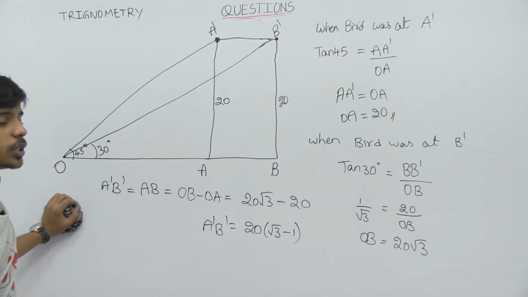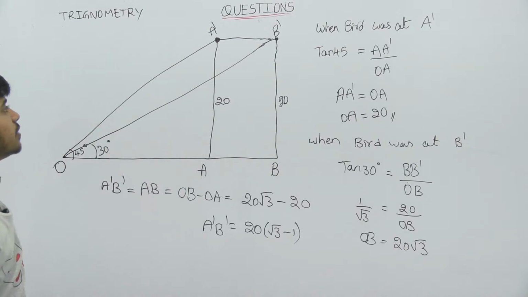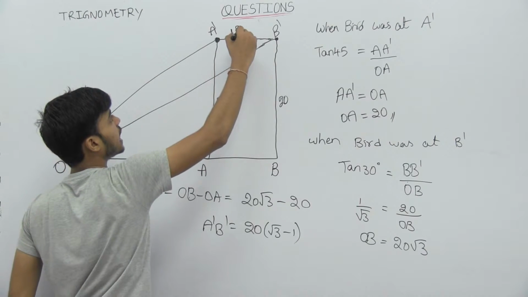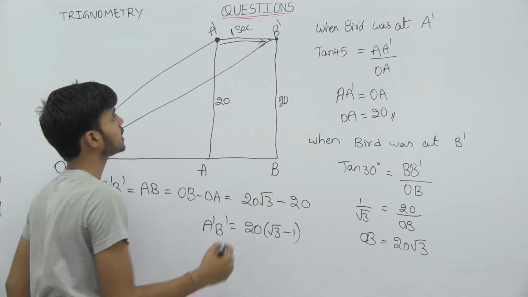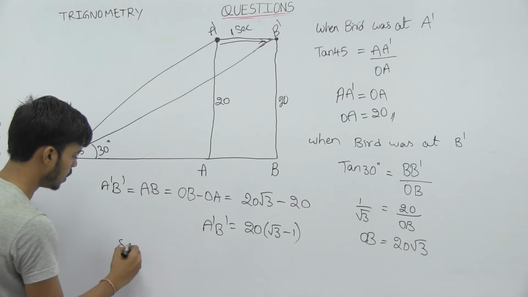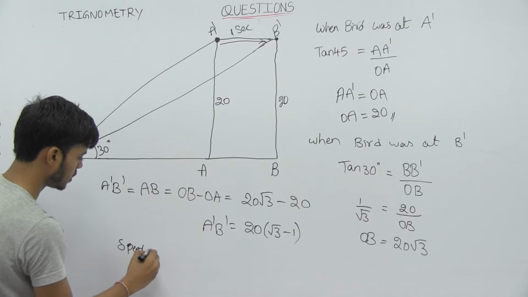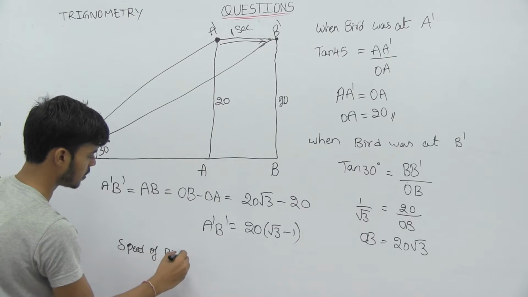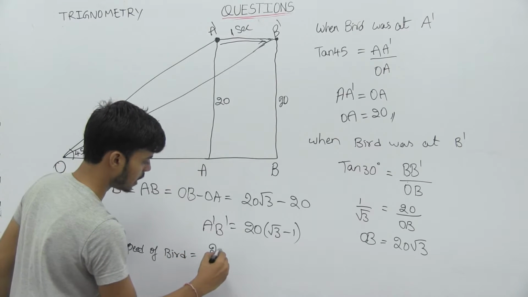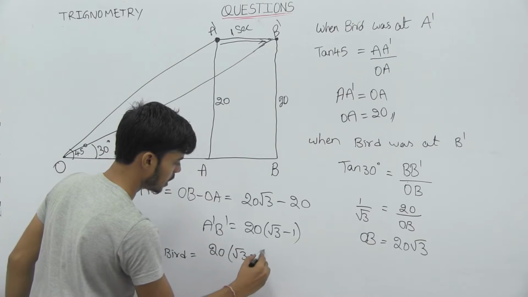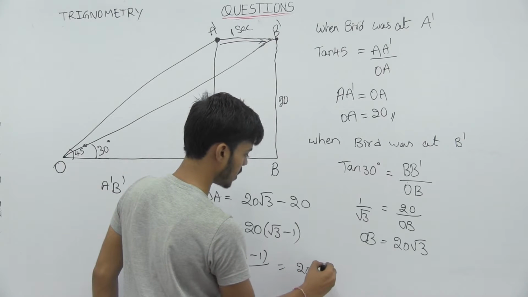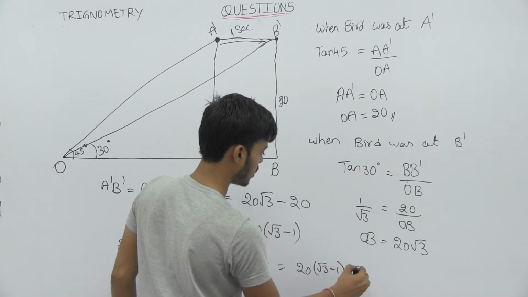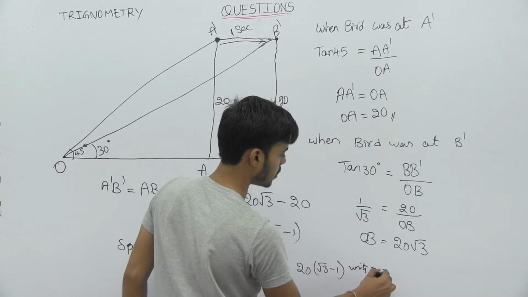Now we need the speed of the bird. We are given that after 1 second the bird goes from A dash to B dash. So speed of bird is equals to 20 into root 3 minus 1 by 1, which is 20 into root 3 minus 1 units per second.